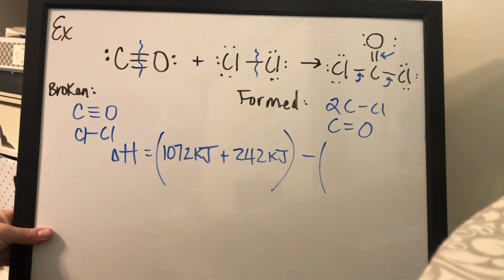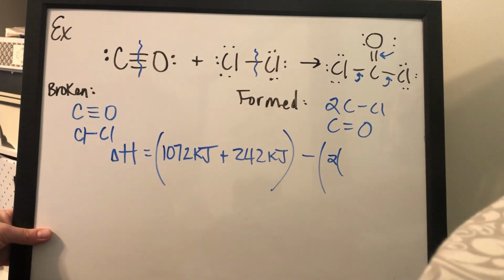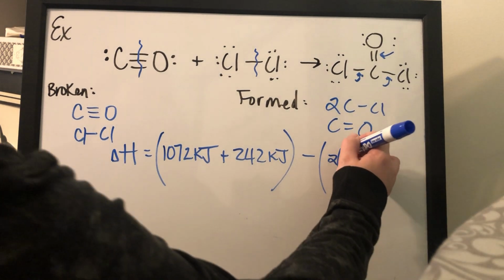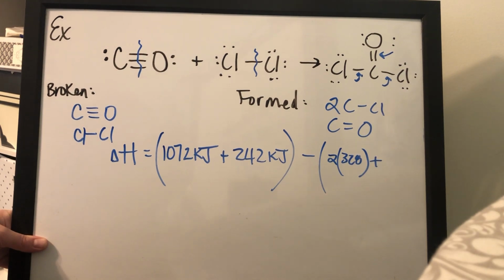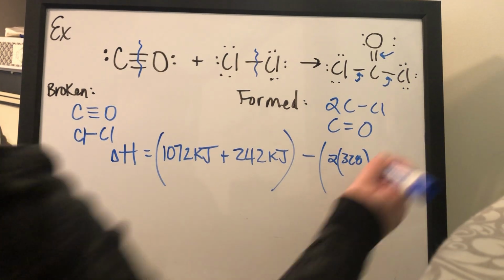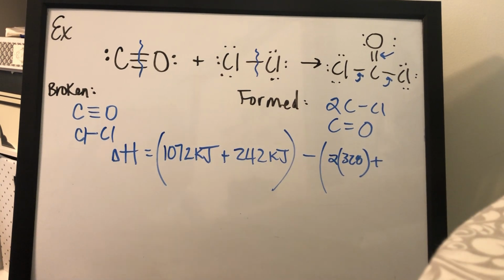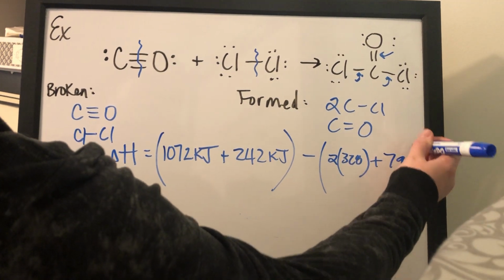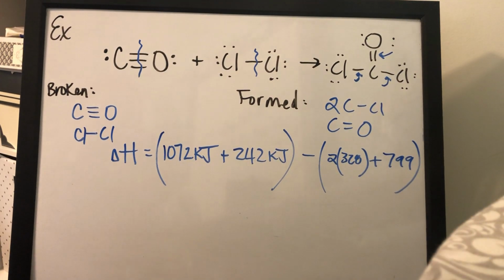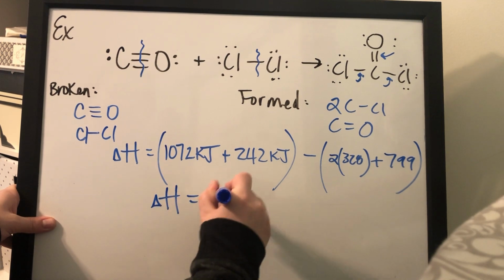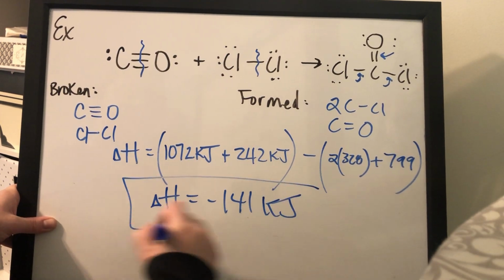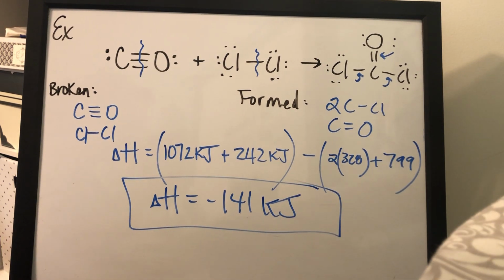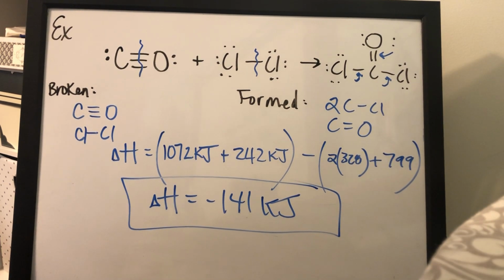Subtracted from that, forming two chlorine-carbon singles is 328 kilojoules each, and forming a carbon-oxygen double bond is 799. I do my math. You can check me, but I get this as my delta H. It's negative. This reaction must be exothermic.